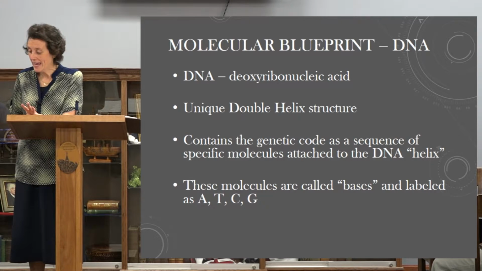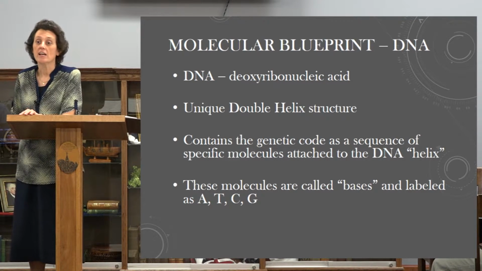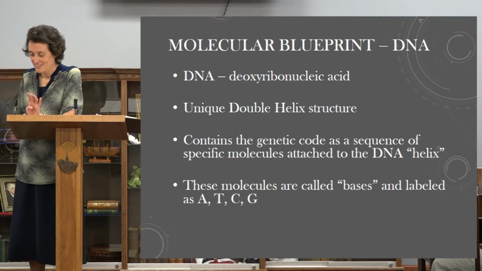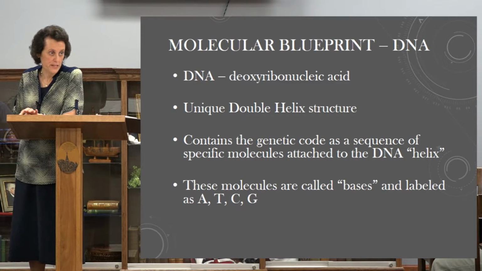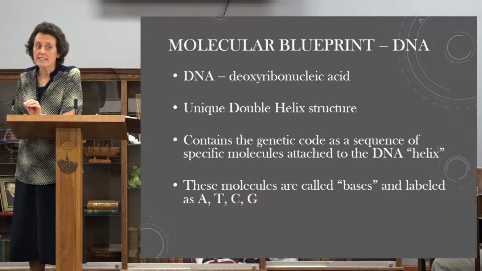They're labeled A, T, C, and G. A, T, C, and G are the initials of their chemical names. A stands for adenine, T stands for thymine, C stands for cytosine, G stands for guanine. Not necessary for you to know that detail now, but just for you to understand the overall idea.